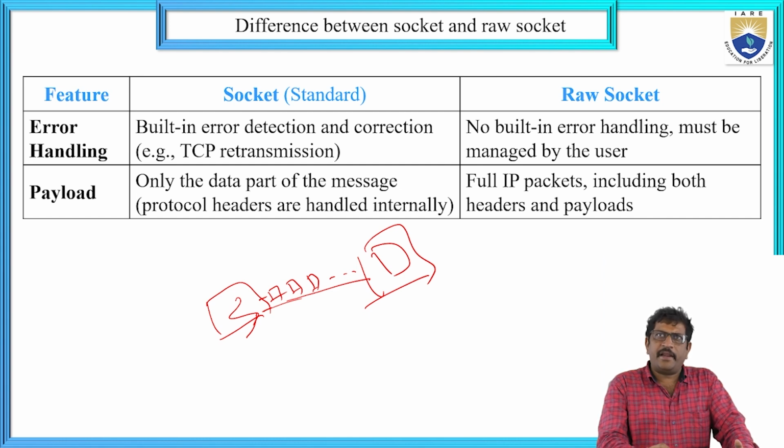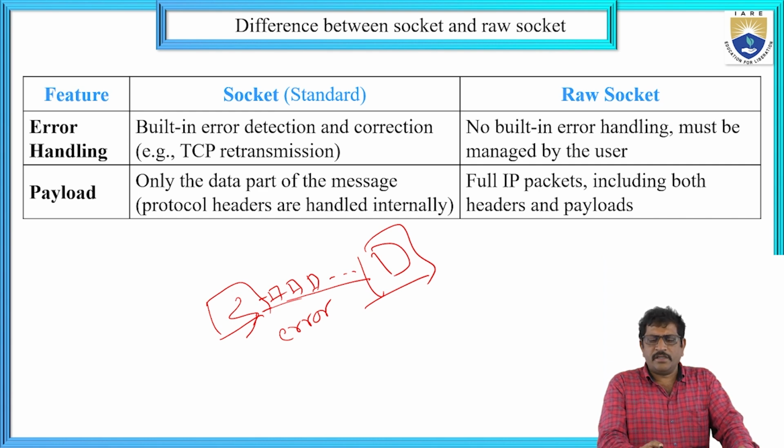If any error arises while transmitting the data from the source to the destination device, it can be corrected. For example, TCP retransmission is the best example for error handling.